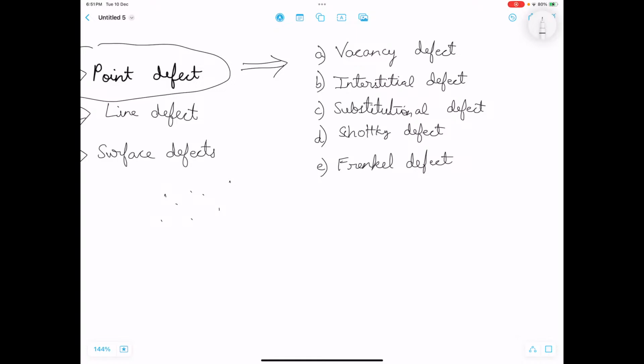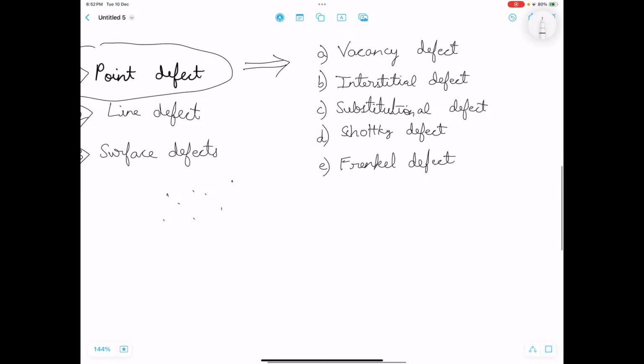Now let's start with vacancy defect. A vacancy is a point defect where an atom is missing from lattice site.